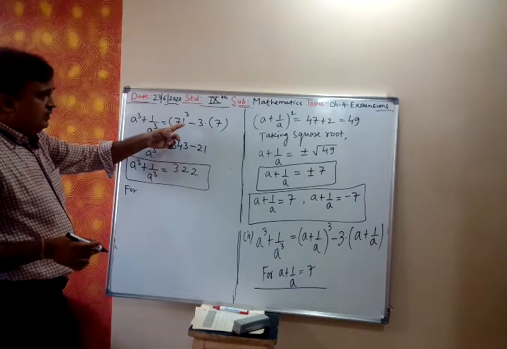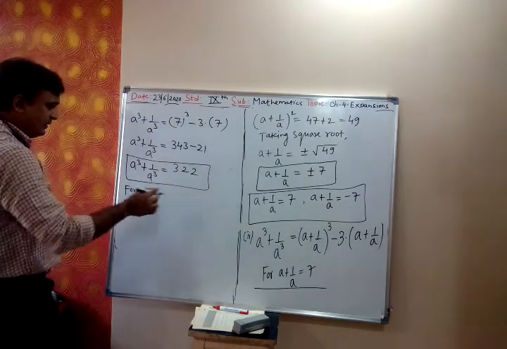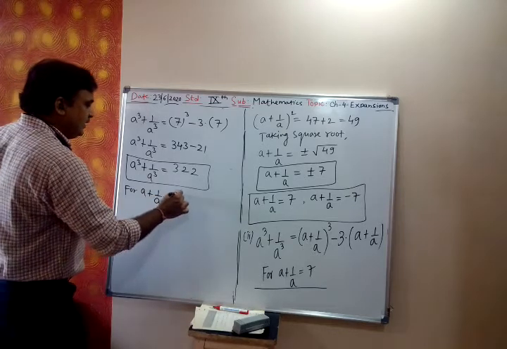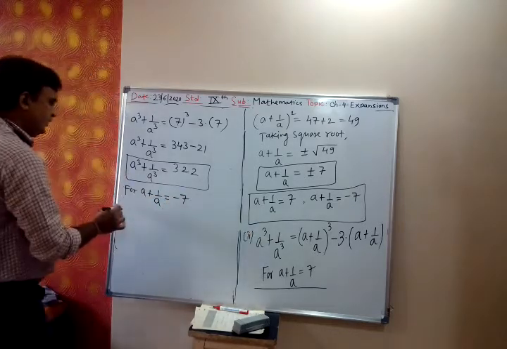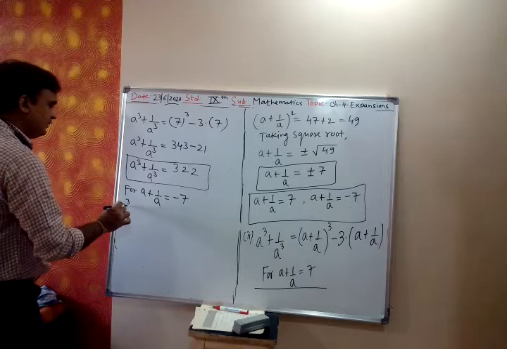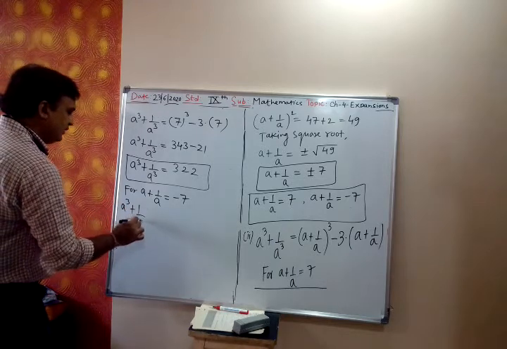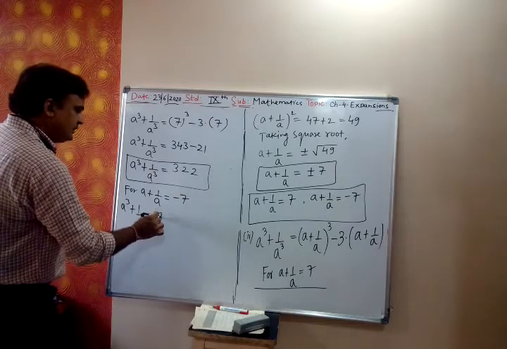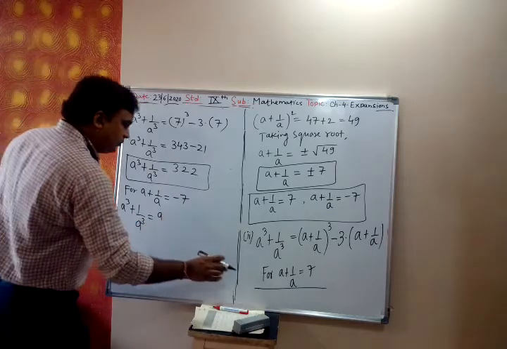No, you cannot just write it. That value will change. Let us see. For a plus 1 upon a is equal to minus 7, I will calculate this value. So a cube plus 1 upon a cube, same formula. That will be a plus 1 upon a whole cube.